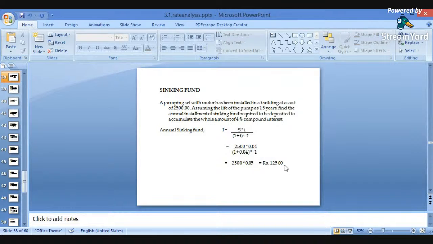So the annual installment of the sinking fund we have to keep aside comes to only 125 rupees. So annually we have to keep 125 rupees for 15 years at a rate of 4%, so that it is the same as the total amount.